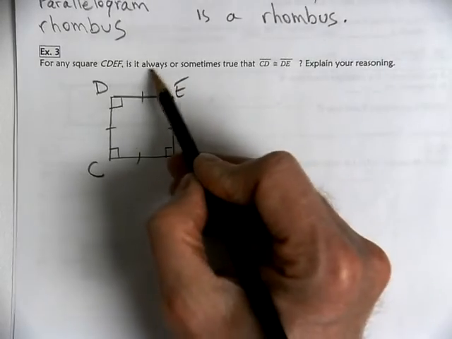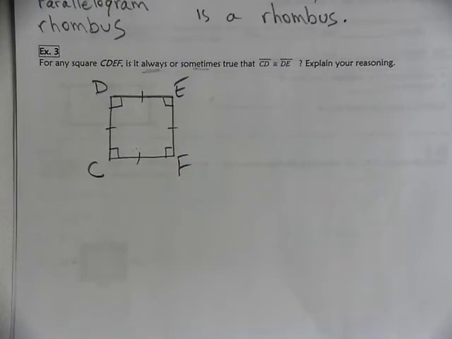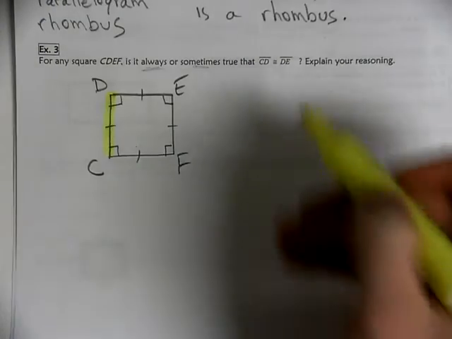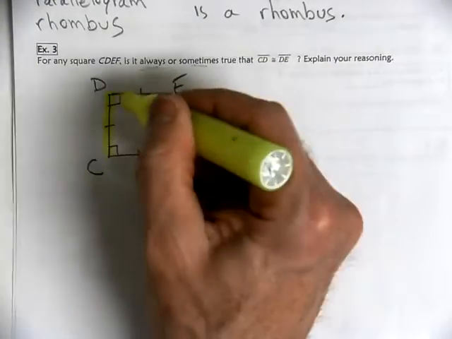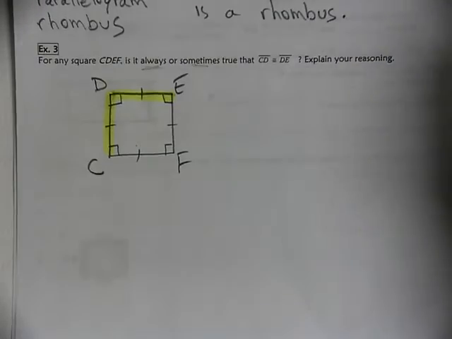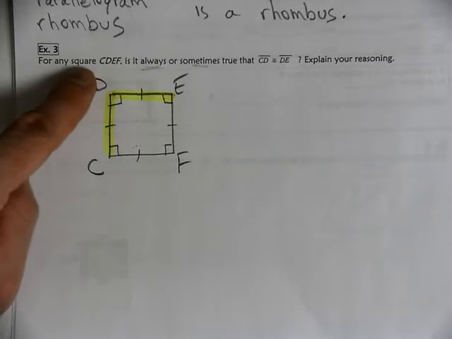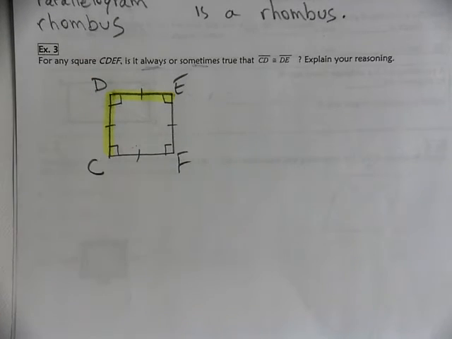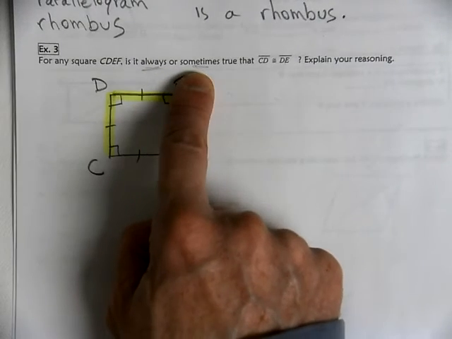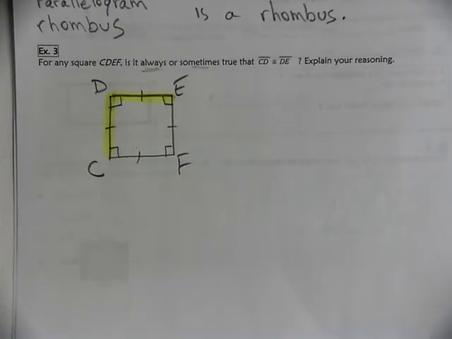So what we want to figure out is, is it always or sometimes true that segment CD, that one, is congruent to DE? Sometimes, always, or heck, we could even say never. If this is a square, do those two sides have to be congruent or might be congruent? Always or sometimes? Always. Of course.